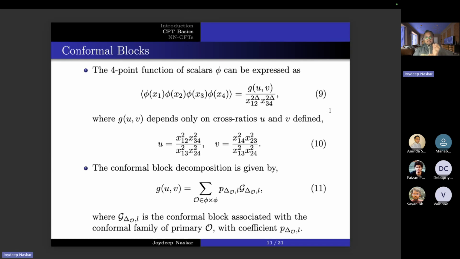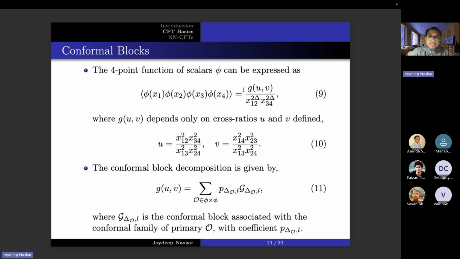Another useful thing that you can do in CFT: the 3-point functions are all constrained, but what about the 4-point functions? It turns out that the 4-point functions have freedom in what they could be, and they encode the interacting nature of the theory.